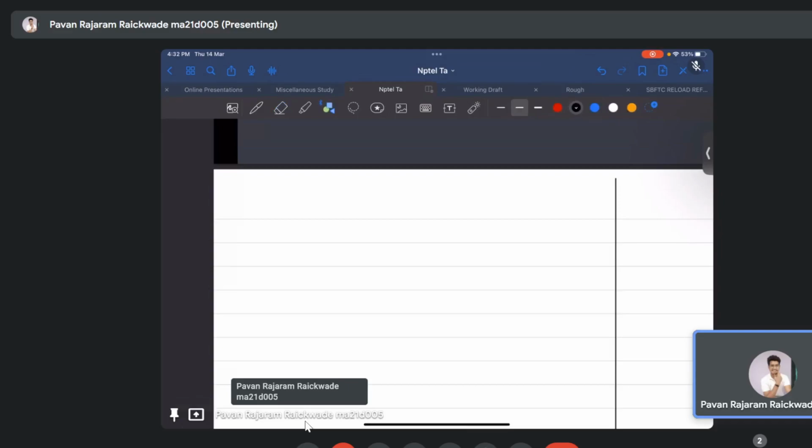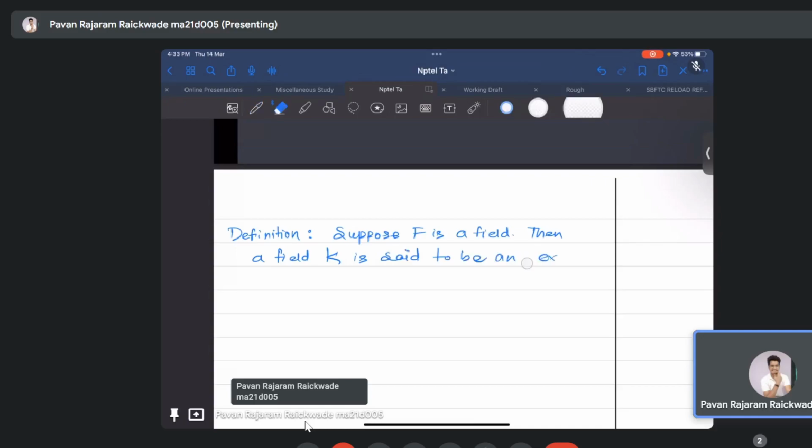So, definition. Suppose f is a field, then a field k is said to be an extension of f if f is a subfield of k.